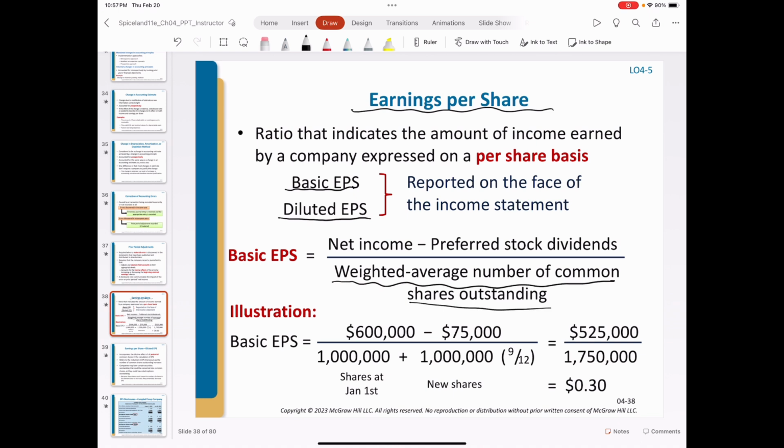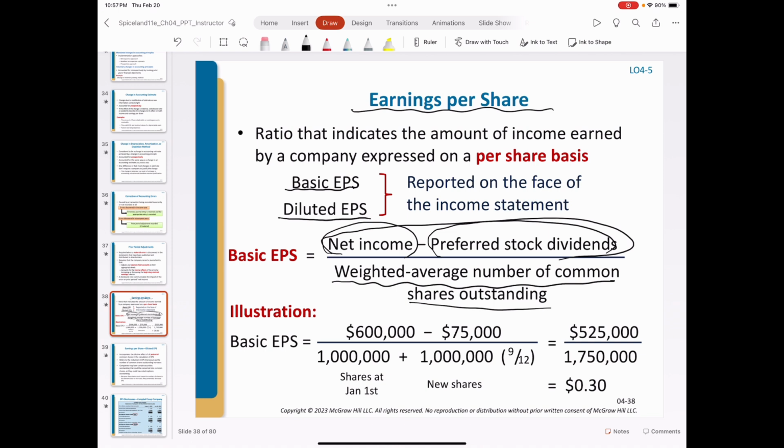Here let me first introduce the definition of basic earnings per share. The numerator is the earnings attributable to the common stockholders. So net income represents the earnings for all the stockholders, while preferred dividends represents the earnings paid to the preferred stockholders.